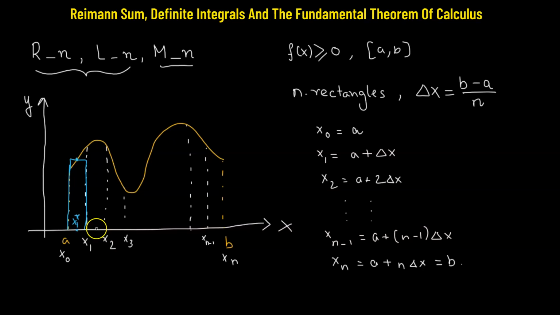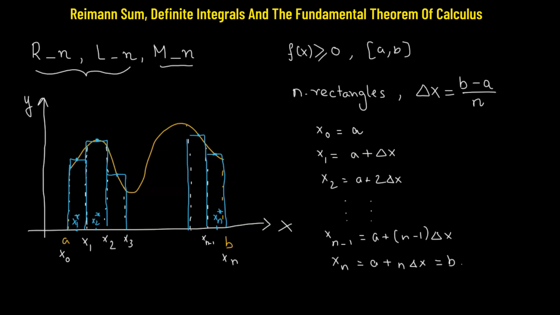Then we consider another point, x2 star, which lies between x1 and x2. We consider the point x2 star on the curve and draw a rectangle which passes through this point. We do this for all the rectangles, and the final point will be xn star.